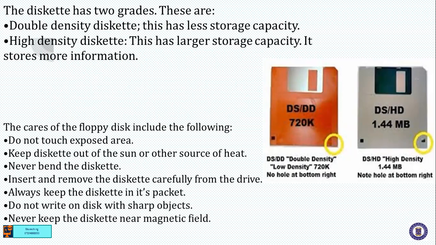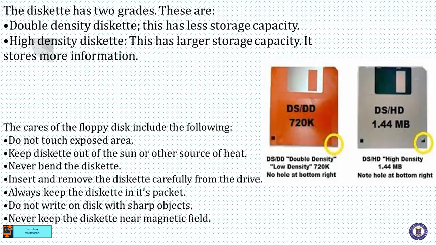So now today we are talking about grades. The grade is talking about the storage capacity. Now we have two different grades of the diskette. We have double density diskette.